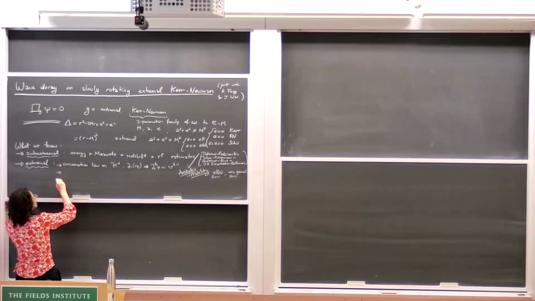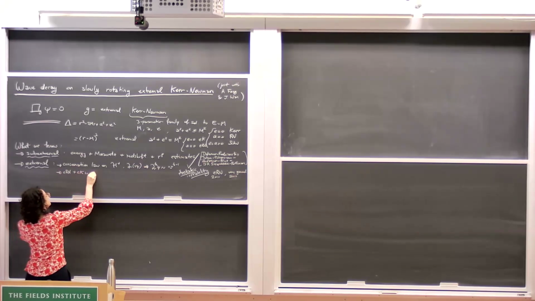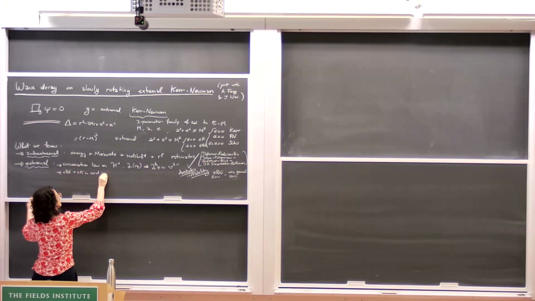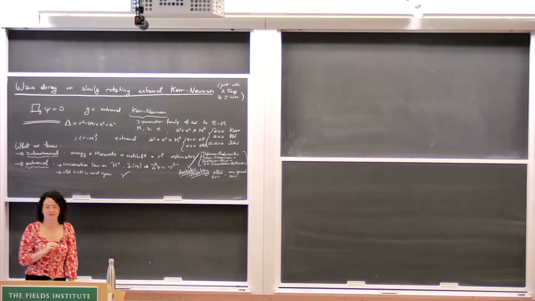So what he proves is that in the case of, again, extremal Reissner-Nordström or extremal Kerr in axial symmetry, let me just summarize it this way.